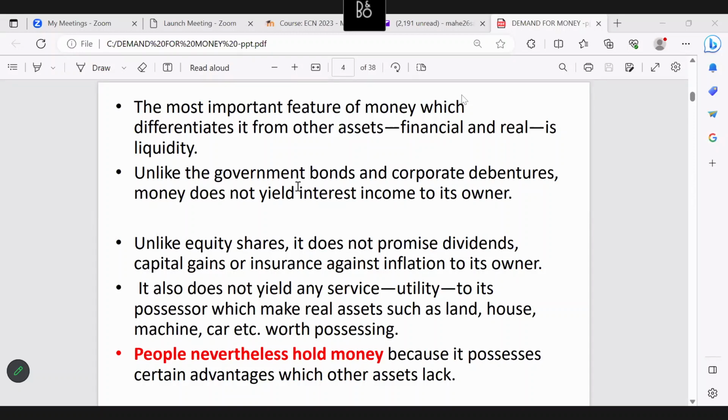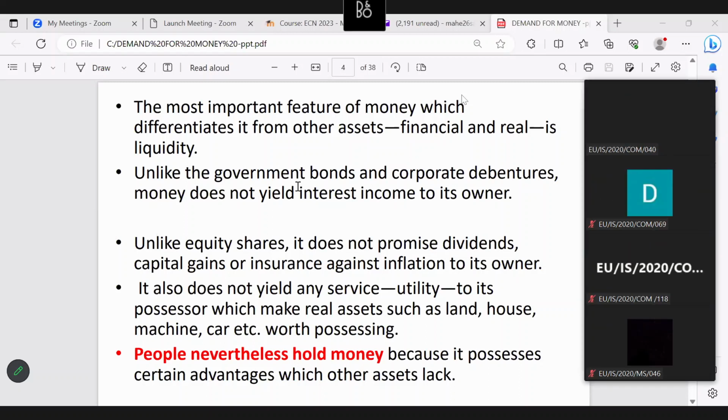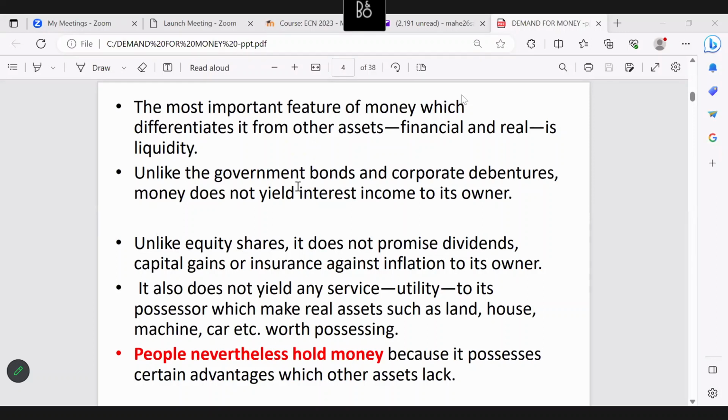People nevertheless hold money because it possesses certain advantages over other assets. Once liquidity is 100% with money like cash, people invest in other assets, for example some bonds, debentures, treasury bills, treasury bonds, as well as a car, machine, land, house, etc.